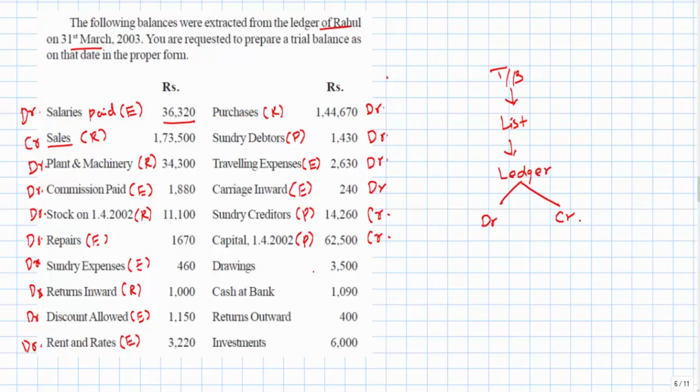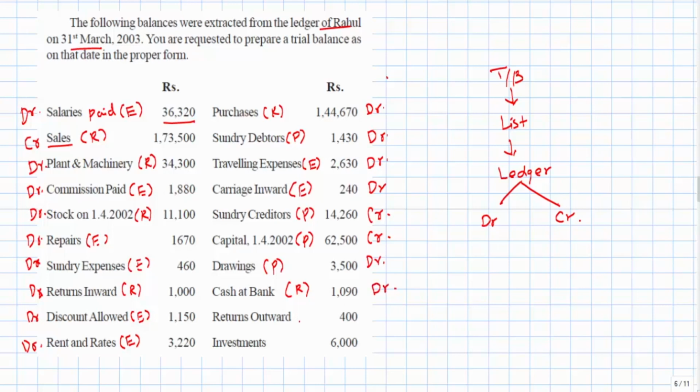Drawings is also basically a personal account because it is the amount which is drawn by the owner, so debit the receiver of benefit, right? So drawings will have debit balances. Cash at bank is a real account, so debit what comes in, credit what goes out. So cash at bank, it's a real account, so it should have debit balances.